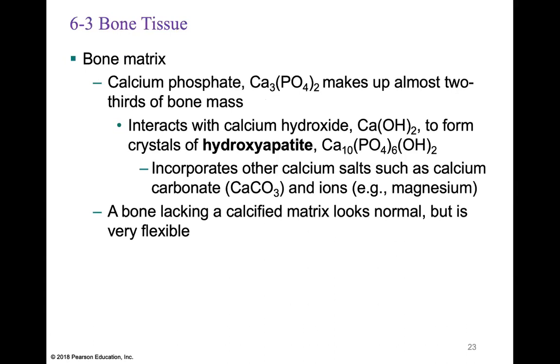This hydroxyapatite will also incorporate other calcium salts, such as calcium carbonate, and other types of ions, such as magnesium phosphate, to name another. A bone that is lacking a calcified matrix looks normal, but it is very flexible and does not have that very rigid support.